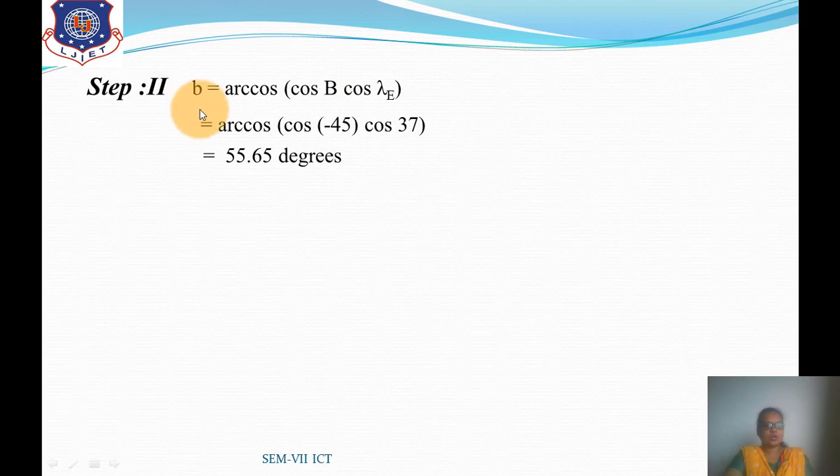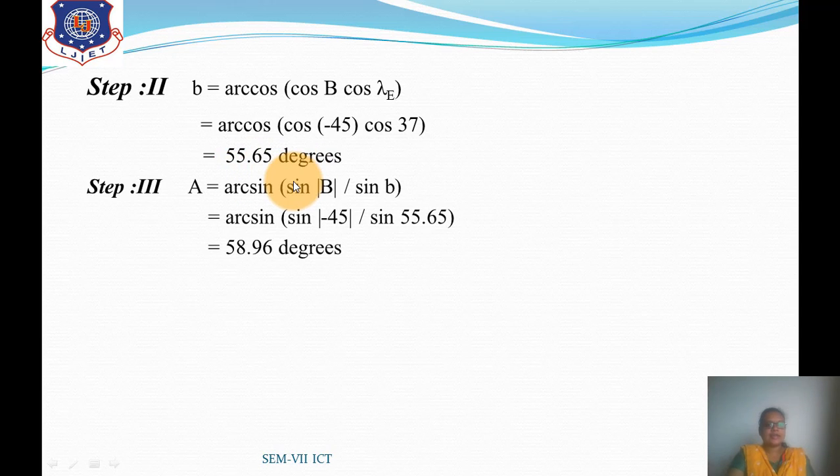You will get small b equal to 55.65 degrees. Next, step 3, we need to find capital A, that is arc sin of sin modulus B by sin small b. So it will be sin modulus of minus 45, that will be 45, and sin 55.65. So A will be 58.96.